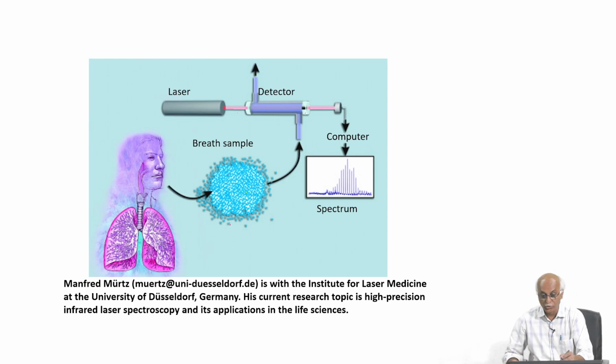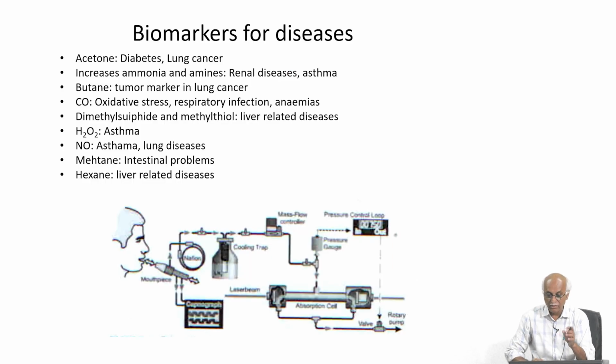Some research groups are also trying with breath samples, but in breath samples moisture is also present. So, moisture has to be removed, otherwise its absorption lines will interfere with some of the trace gas absorption lines. So, there are ways of removing moisture from this sample and then capturing the information.